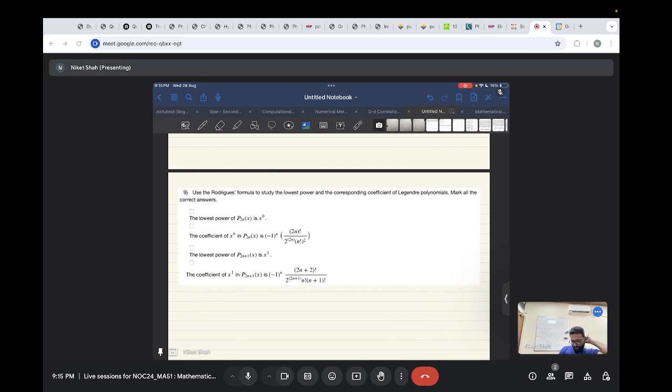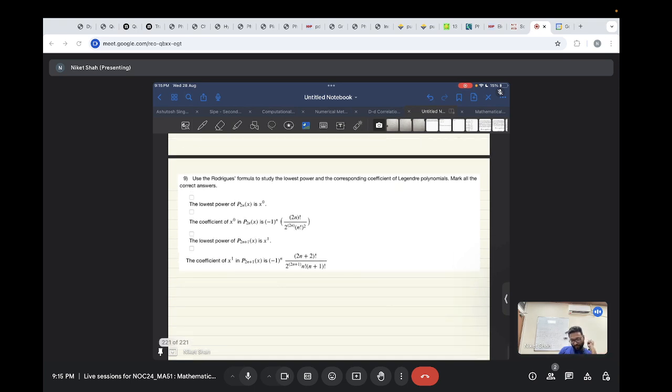Okay, sorry. So the question is: use the Rodriguez formula to study the lowest power and the corresponding coefficient of Legendre polynomials and mark all the correct answers. So that's your question. What does the Rodriguez formula for Legendre polynomials say?